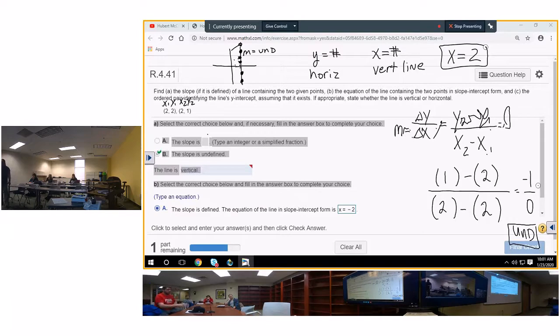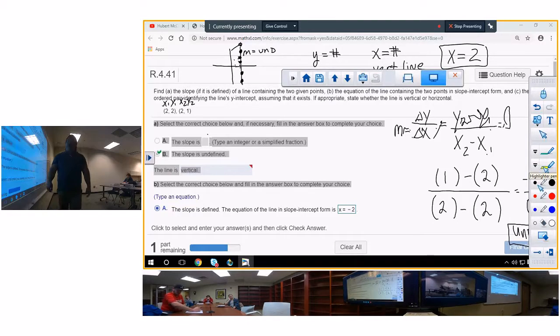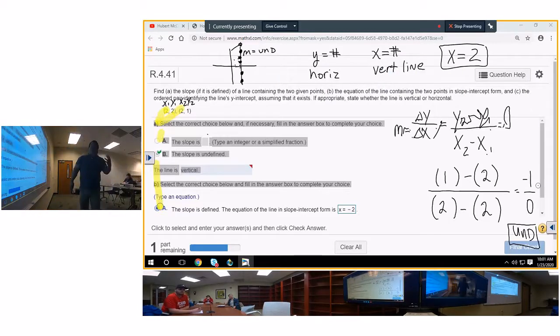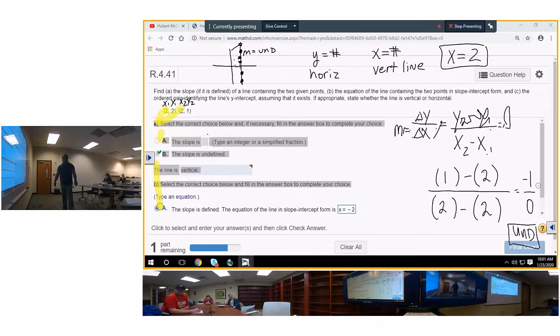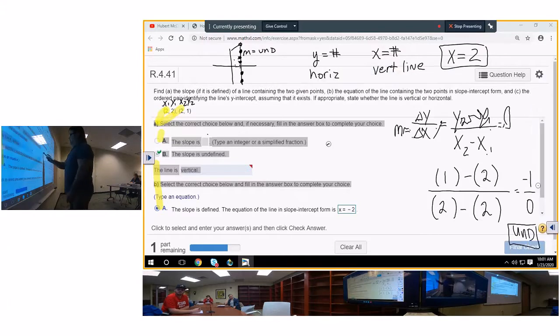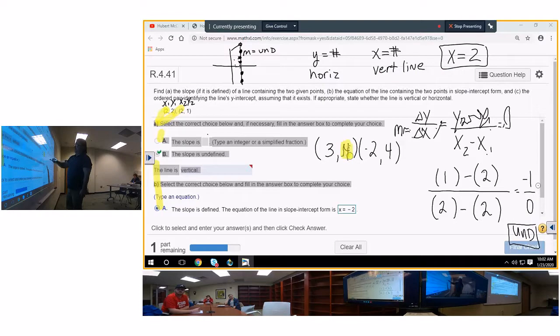And I don't know why you put a -2, but the answer is x equals 2. Because take your highlighter out, and this is a test question because that's why I'm spending time on it. If you see these two, and you see 2 2's for the x's, that means x is equal to 2. If you have 2 y's, that'll be 3, 4, and -2, 4. If you have 2 y's that are the same, then you have a what? You have a horizontal line, and that would be x is equal to 4.